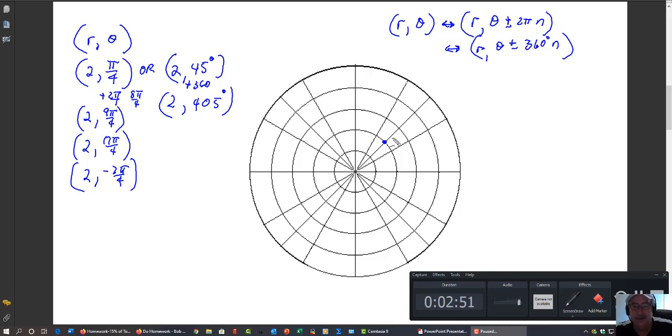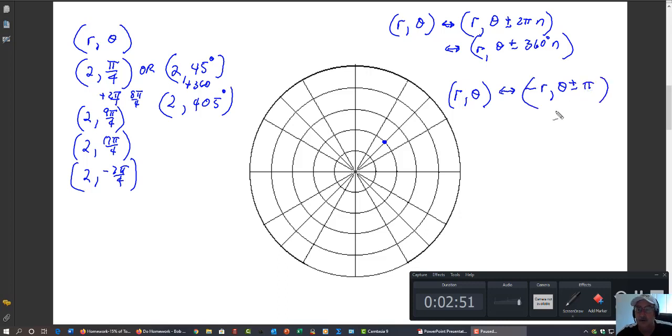Now next, I'm going to stay with the same point here and see how you look at this. You can take any polar point and, instead of adding or subtracting 2πn or 360°n, there is another way you can arrive at the same polar coordinate. If you negate the r value, then on the angle you can add or subtract π radians.